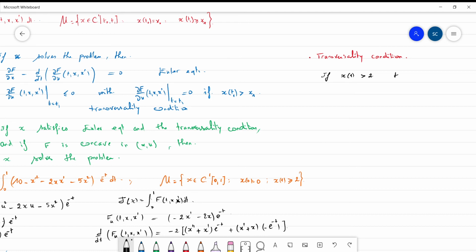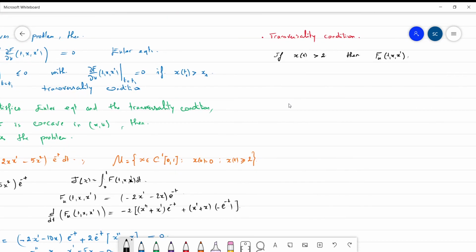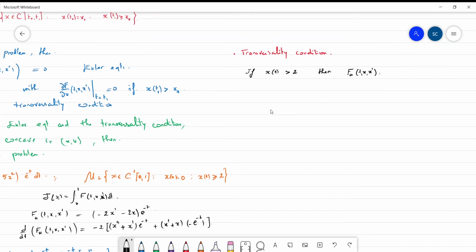Then we should have f_u at x prime, applied at t equal 1, so it is the quantity minus 2x prime plus minus 2x e^(-t), at t equal 1. We wanted 0.